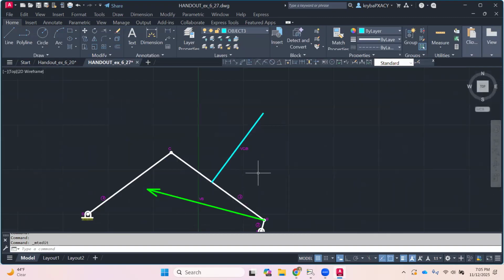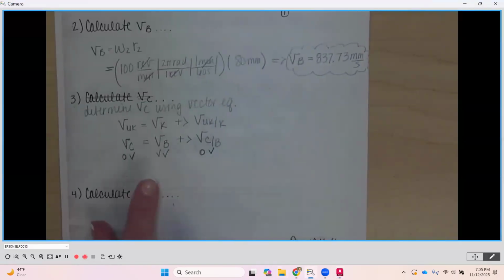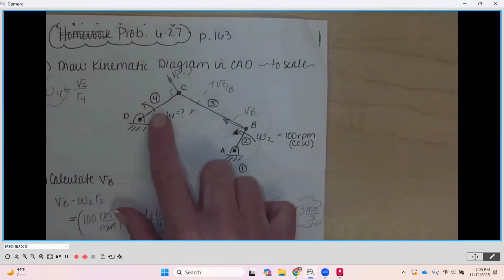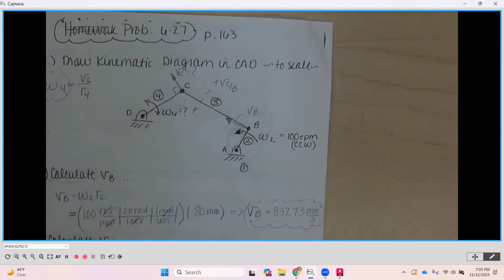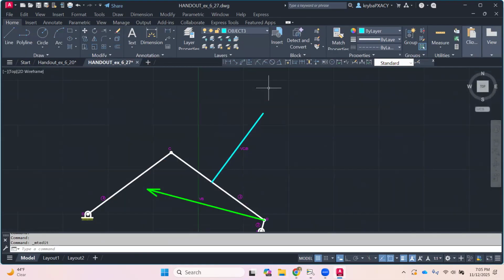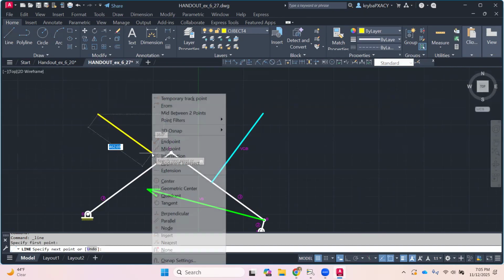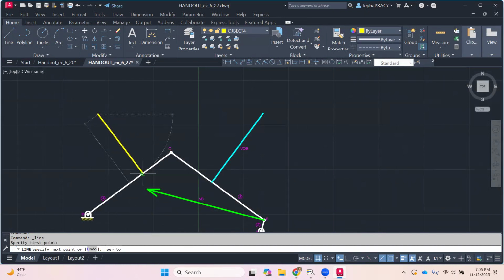Okay. And then the last one that I have is going to be the velocity of C. Here too, I don't know magnitude, but its direction is going to be perpendicular to link number 4. So back in AutoCAD, change my object, layer line out here and perpendicular to link number 4.